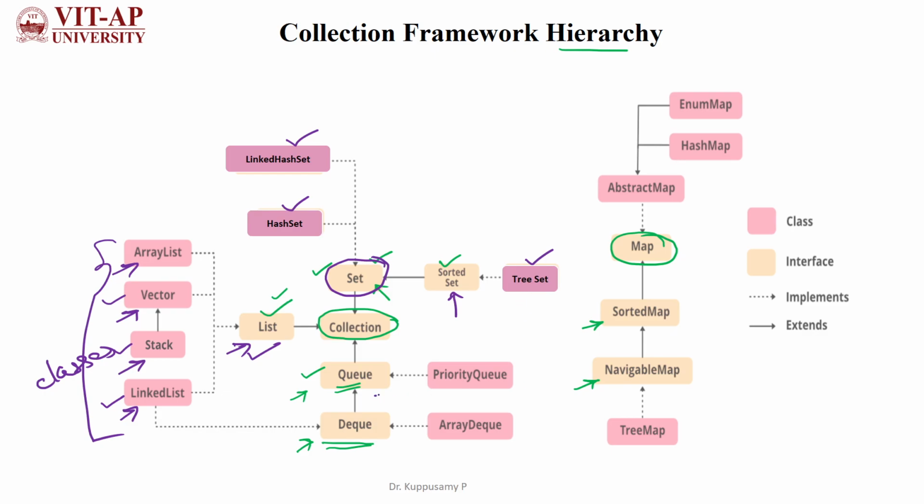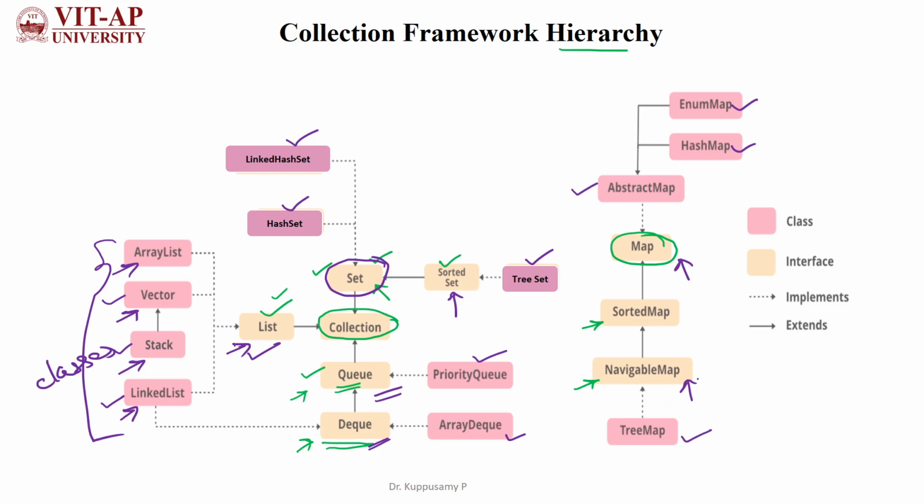Likewise, the queue interface can be implemented by the priority queue class, and the deque interface can be implemented by using the array deque class. Likewise, here the map interface can be implemented by using the abstract map class, which again has child classes, enum map class and hash map class. Like that, the navigable map interface can be implemented by using the tree map class.